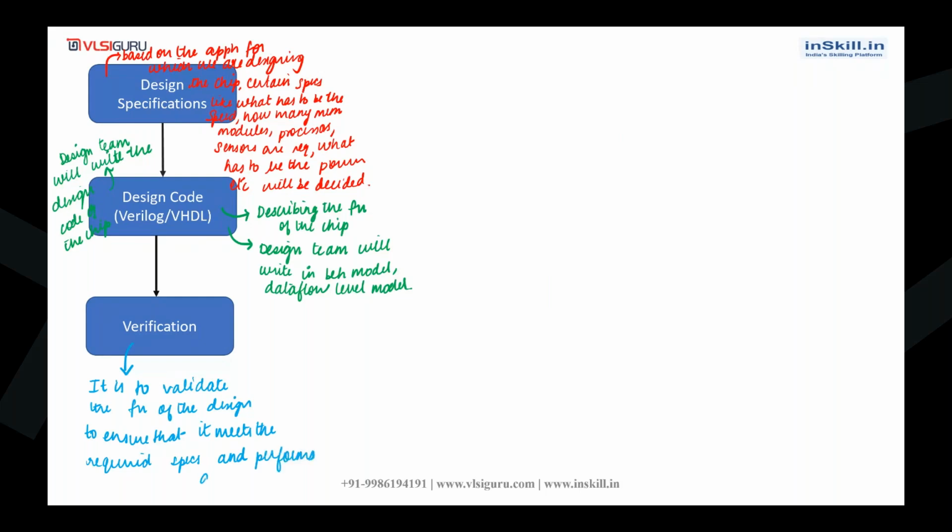So this is what happens during the verification stage: it validates the functionality of the design to ensure that it meets the required specification and performs as intended.